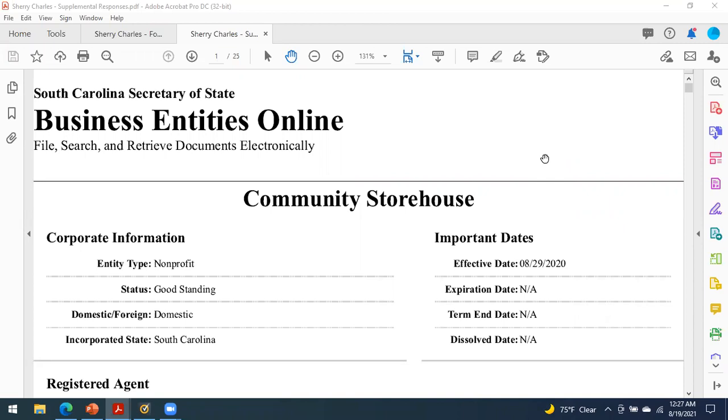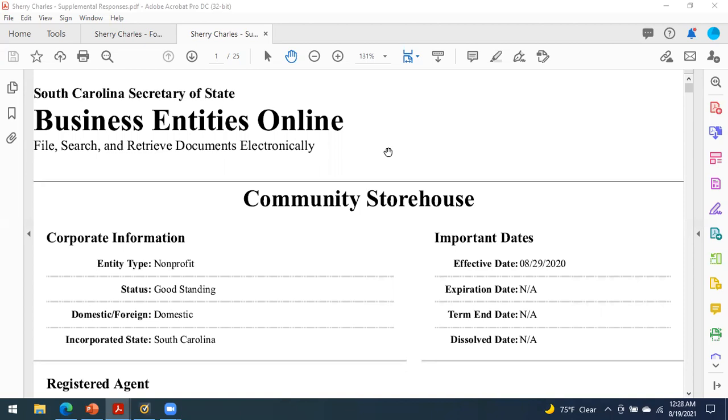The first supplemental response is the document that you filed with the Secretary of State's office in which you plan to operate your nonprofit. Whenever you operate a nonprofit organization, you have to have approval from the Secretary of State's office in the state in which you plan to operate.